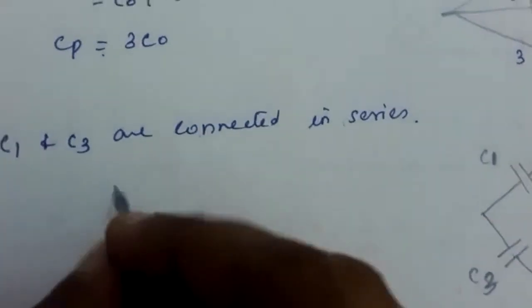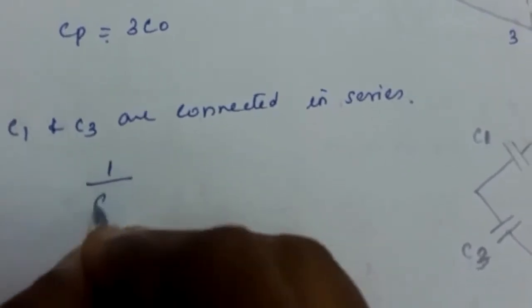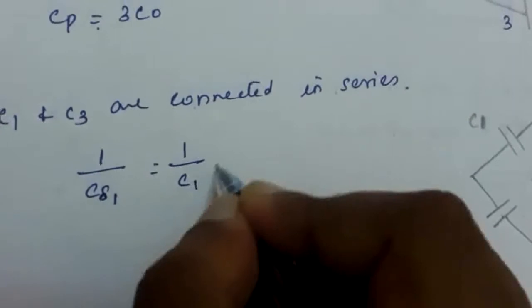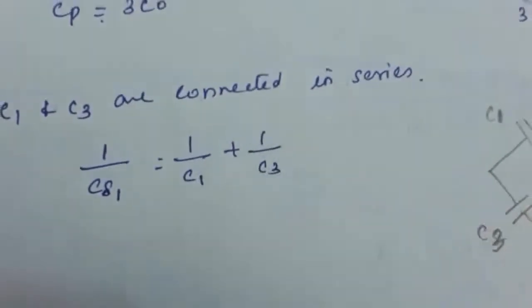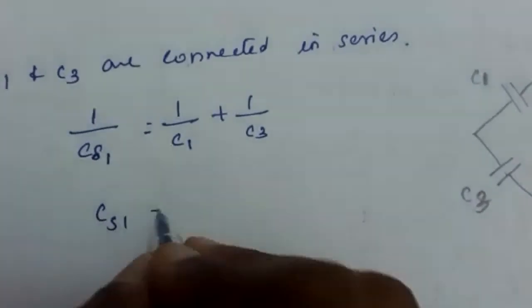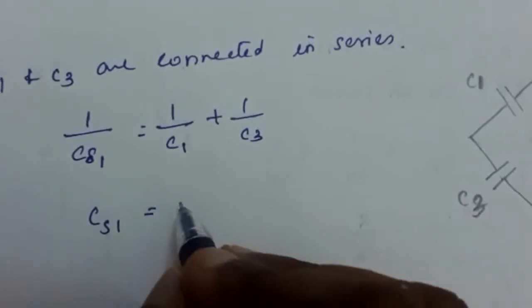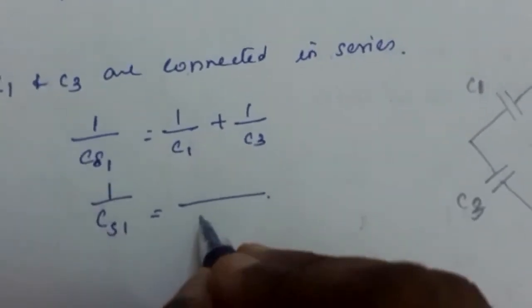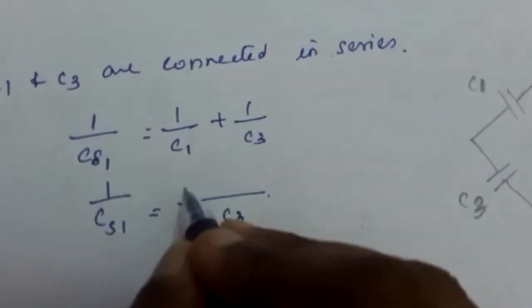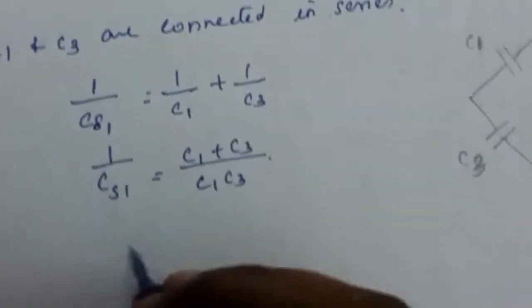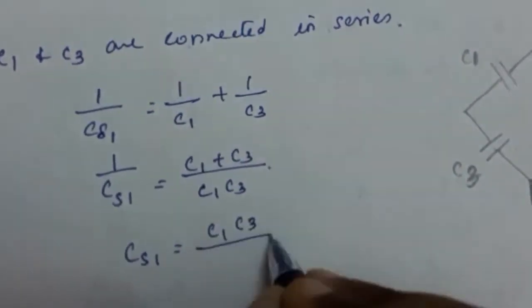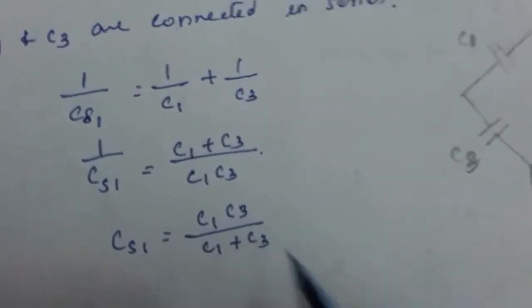So the equivalent capacitance we can take as 1 by CS1, that is 1 by C1 plus 1 by C3. So what is CS1? Taking the LCM here, 1 by CS1 is equal to C1 C3 by C1 plus C3. So CS1 is equal to C1 C3 by C1 plus C3.